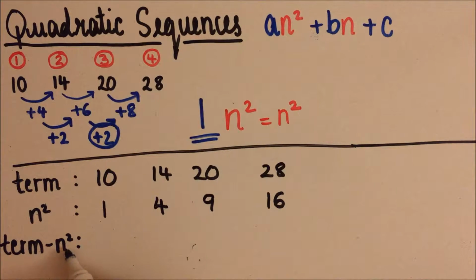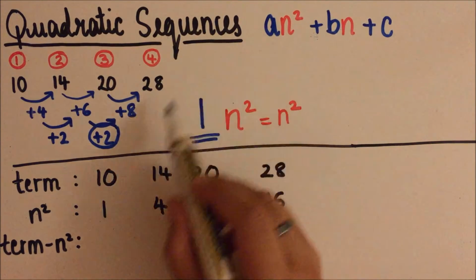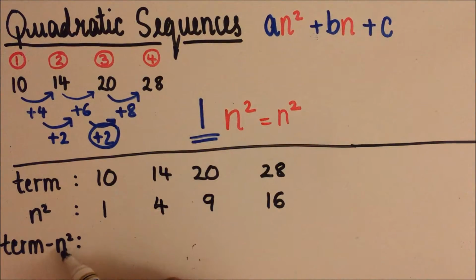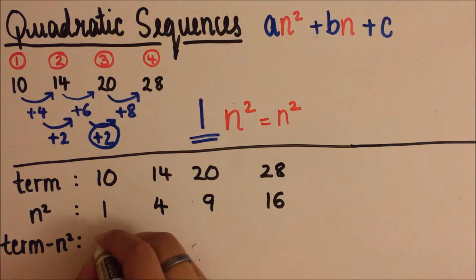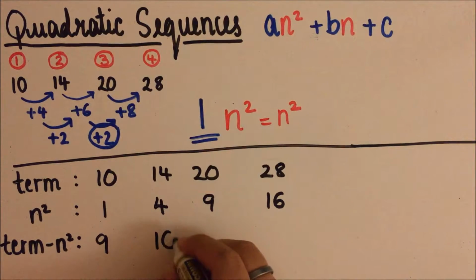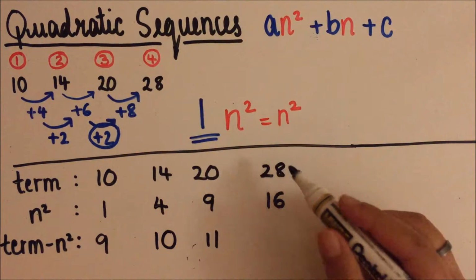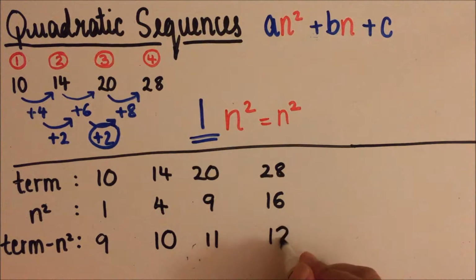So whatever you found out from this step, you take away from the term. So 10 take away 1 is 9, 14 take away 4 is 10, 20 take 9 is 11, and 28 take 16 is 12.